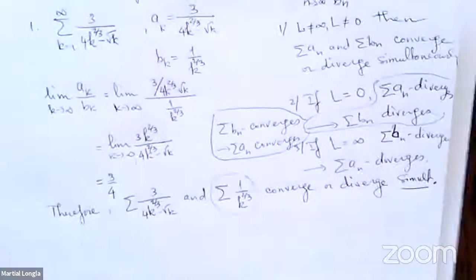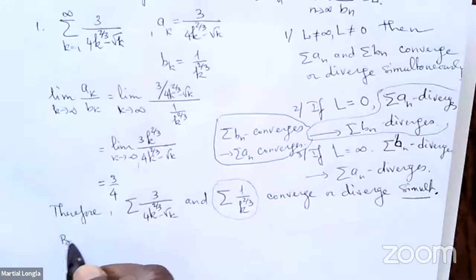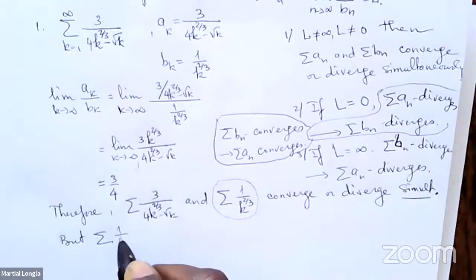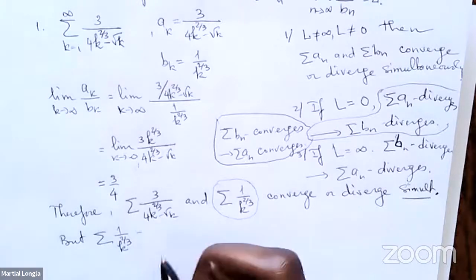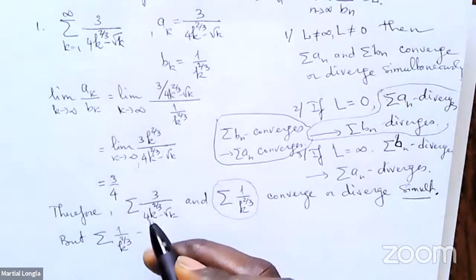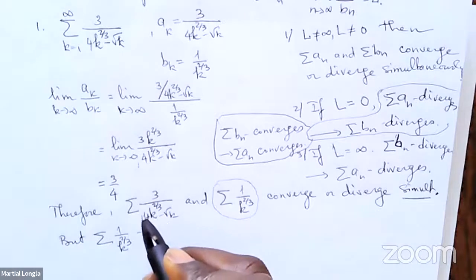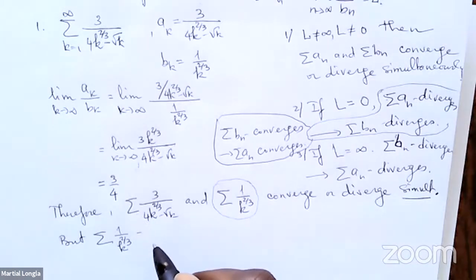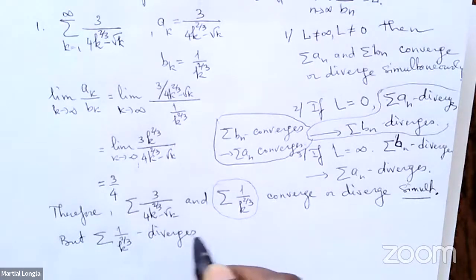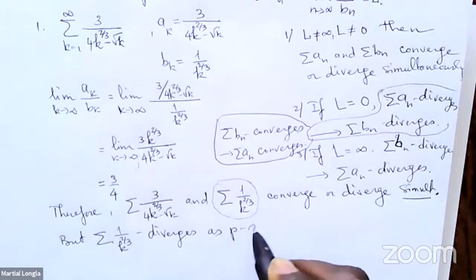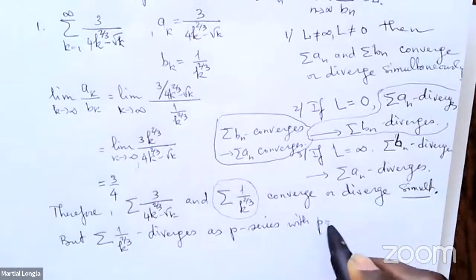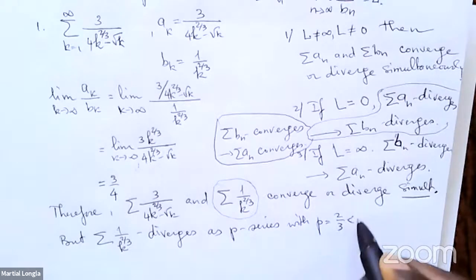Good. The sum of 1 over k^(2/3). Does this diverge or converge? It diverges. That's a p-series with p equal 2/3, less than 1.